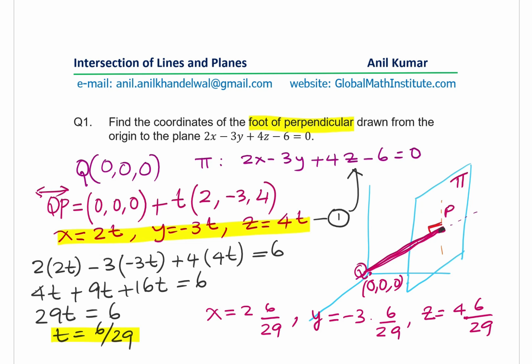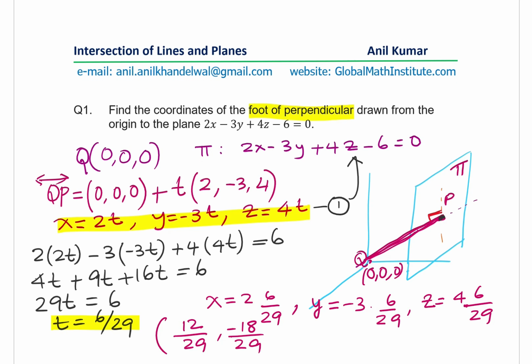So multiply, right? So the point here is, x is 12 over 29, y is minus 18 over 29, and the value of z is 4 times 6, 24 over 29.